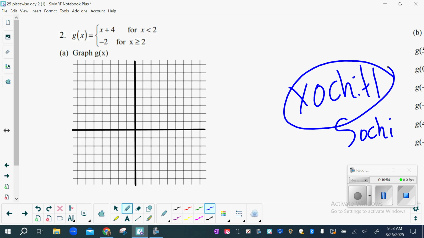I should be calling you exceptional. Are you ready? Here we go. We're going to be really careful on this one. We're going to start at 4: 1, 2, 3, 4. Up 1, over 1. I'm putting some dots on here. Once I get to 2, that's my boundary, so I'm going to put an open dot right there. I'm going to fill this one in so it looks like that.